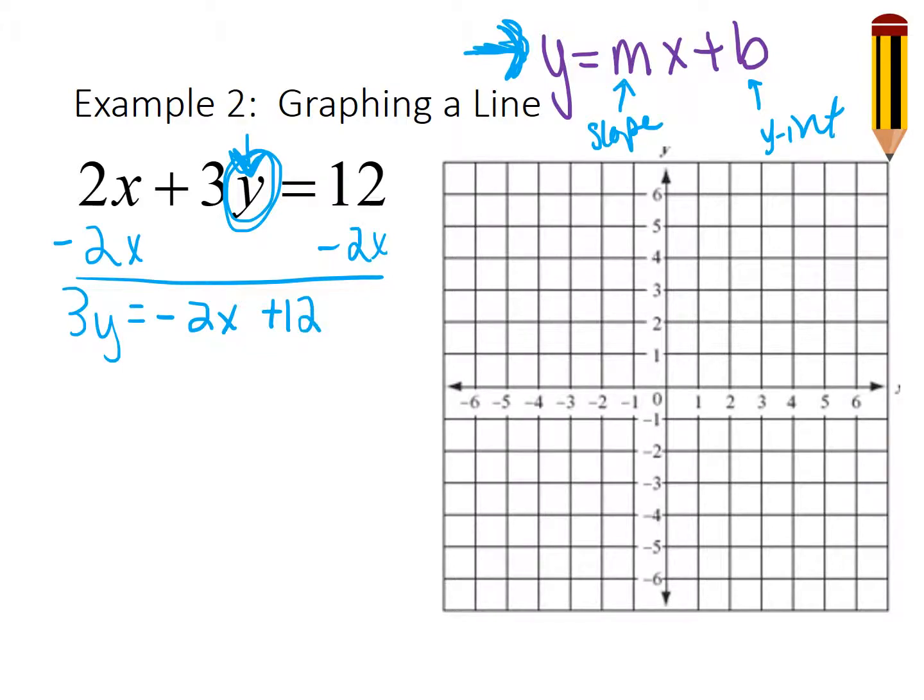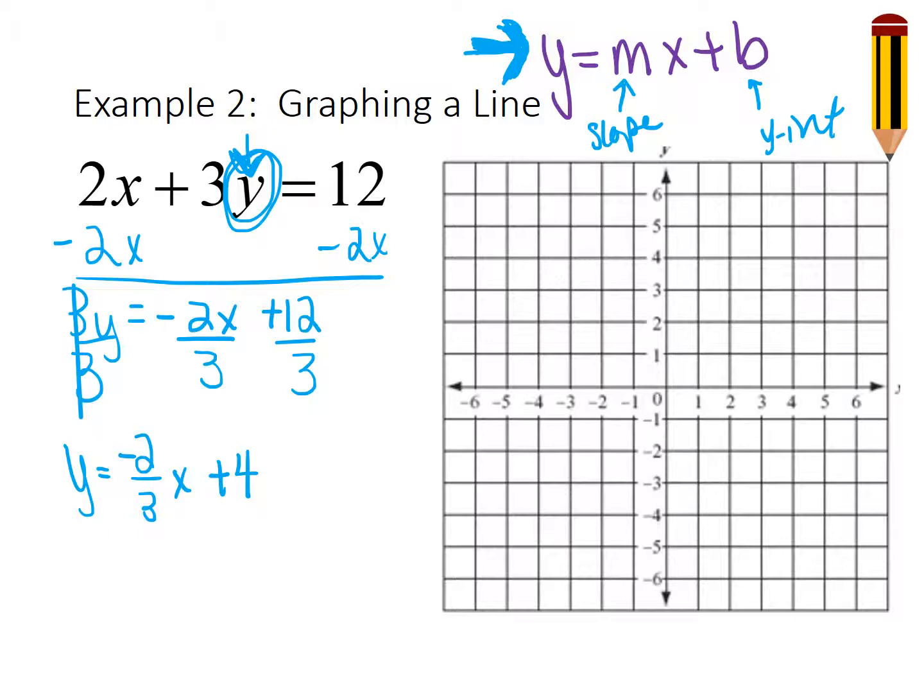So you can write 12 minus 2x or negative 2x plus 12, but just know that the form asks for mx plus b, or that x variable, first. And now in order to get y alone, we have to divide by 3. So you're dividing everything by 3. 3 divided by 3 is 1, so that leaves me with y. A negative 2/3, I'm just going to leave it like that. And then 12 divided by 3 is a positive 4.